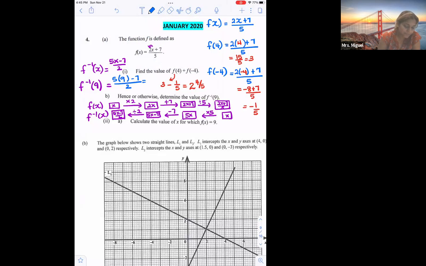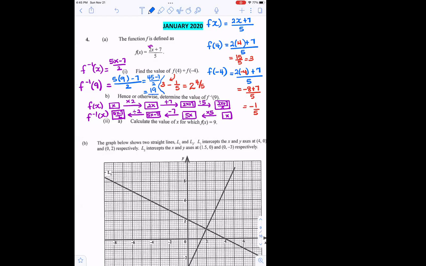So you are supposed to get 9 times 5, 45, minus 7 over 2, which is 19. Did anybody get that? Did any one of you all get 19? Yes, miss. All right, very good.